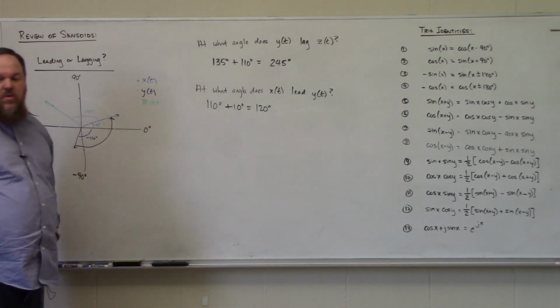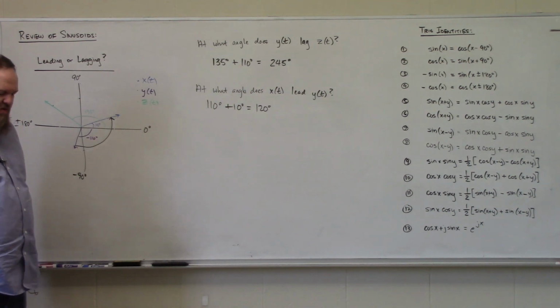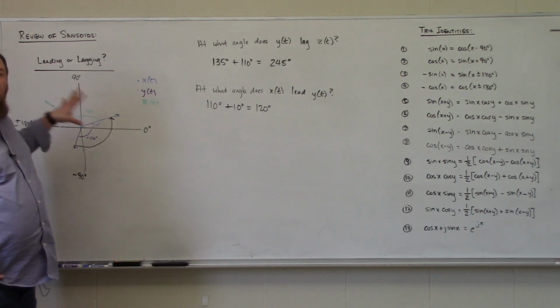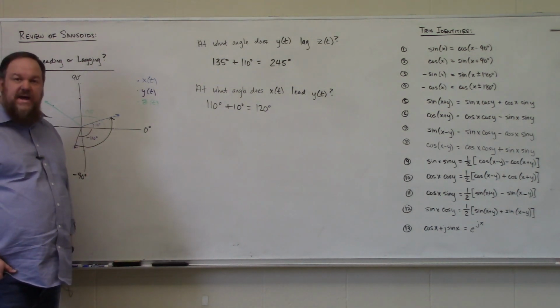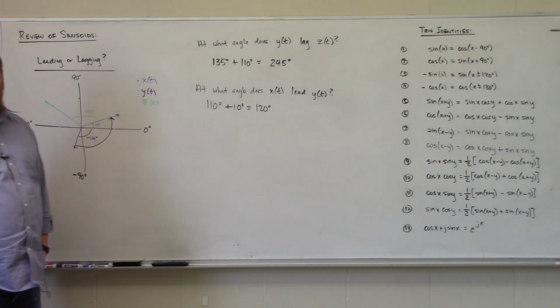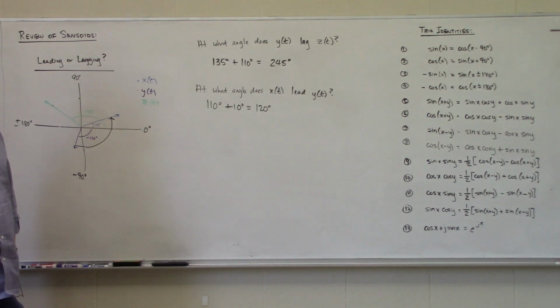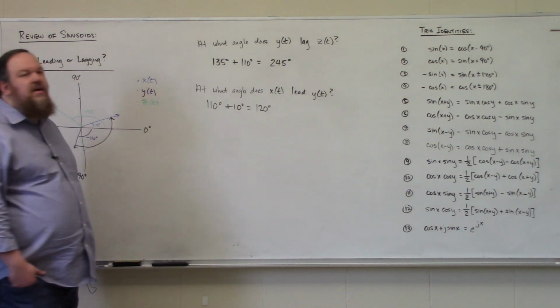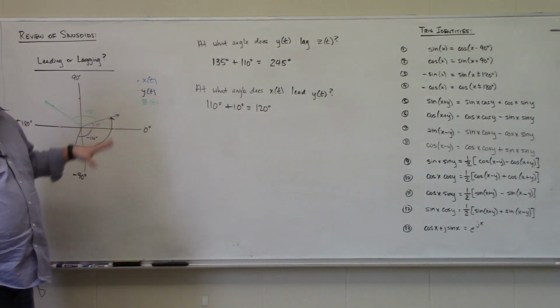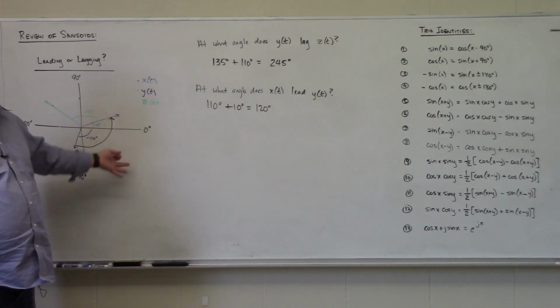One thing that I would like to point out, when you're doing your homework problems that regard determining whether an angle is leading or lagging: this method works 100% of the time. But WebWork cannot interpret, say, that 0 degrees is the same as 360 degrees, is the same as 720 degrees, etc. So if you follow this methodology and WebWork is telling you that you got the wrong answer, add 360 degrees and resubmit.